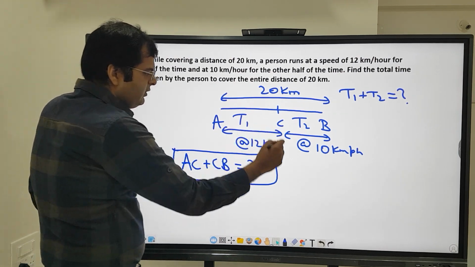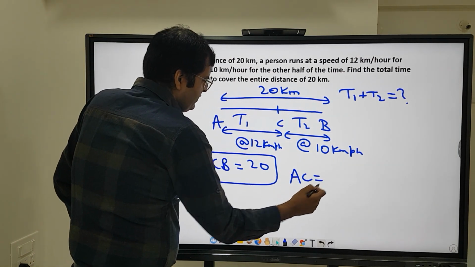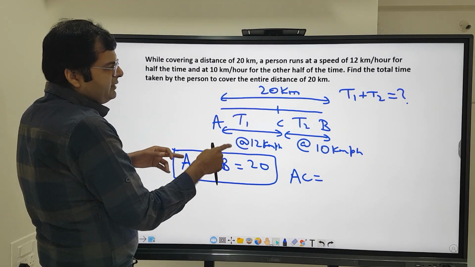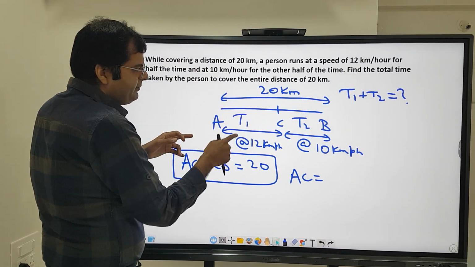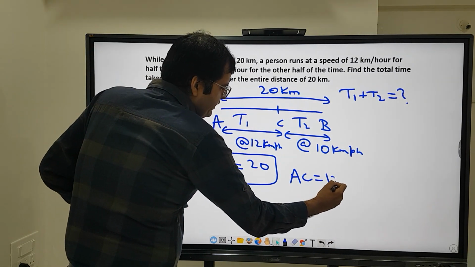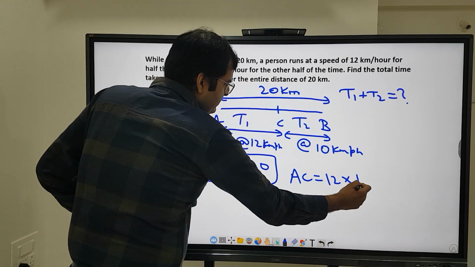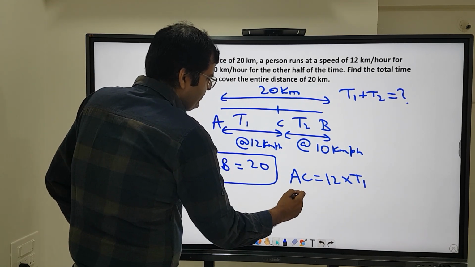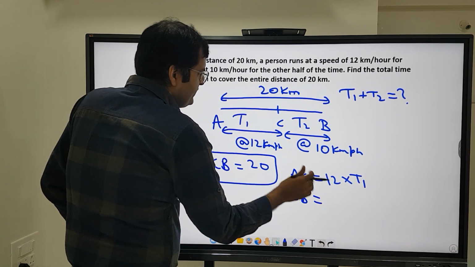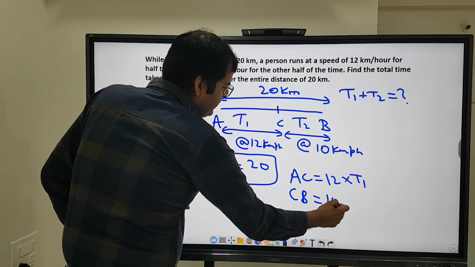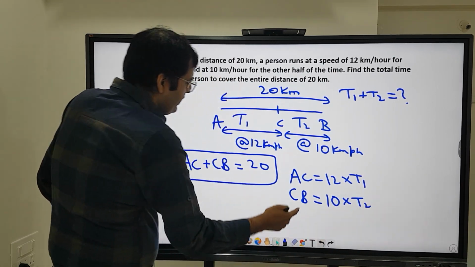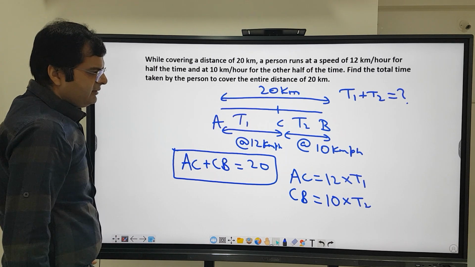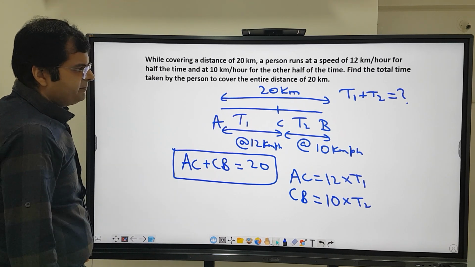Now AC is nothing but distance equals speed into time. So speed is 12 in AC and time is T1. So AC is 12 T1. CB will similarly be 10 into T2. So I'll plug those values here and see what happens further.